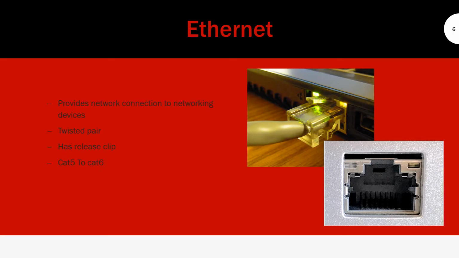And our next connection slash port is going to be Ethernet. So it provides network connections to networking devices, so your switches, your home routers, your all-in-ones. So everything that's network related, that's going to connect you to the internet or a network that is isolated, is going to be these bad boys.